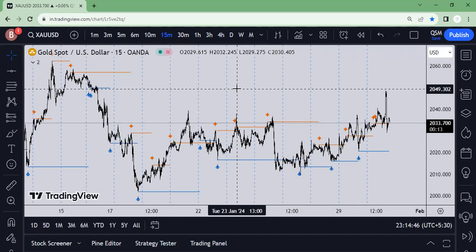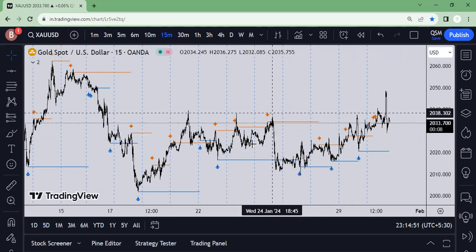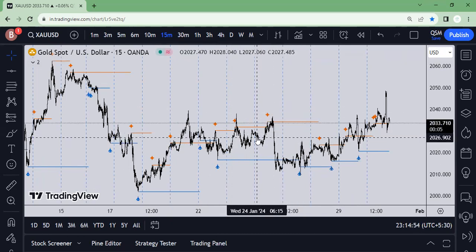The price turned downwards from this particular level. So this is the master market structure. You don't have to do any setting. You don't have to insert anything. You just apply it on the chart.